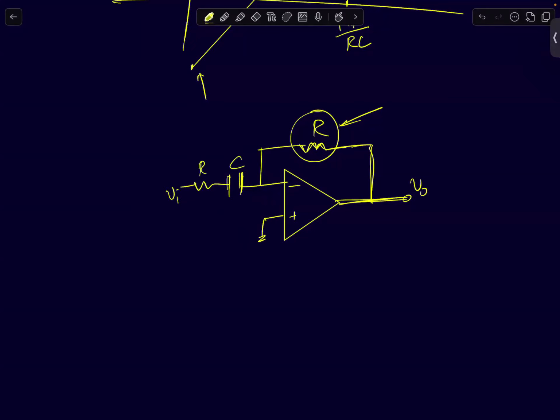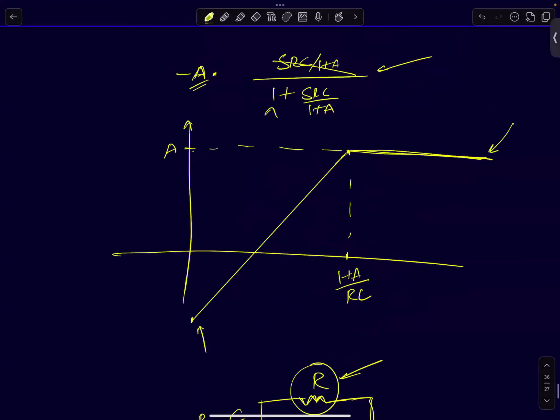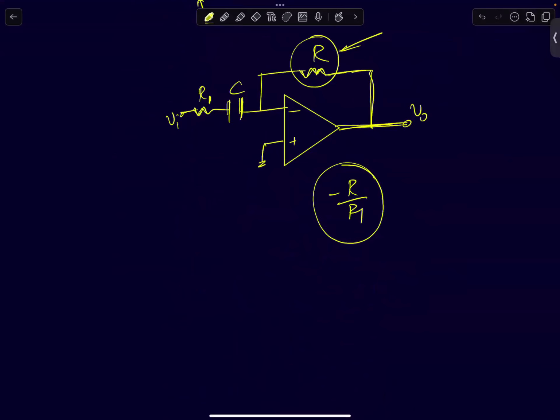So let's call R1 as a resistor in series. If I do that, what will be the very high frequency gain of the circuit? Very high frequency gain of the circuit will simply be minus of R by R1. That's it. So now I've limited the high frequency gain of the circuit, but I have modified a whole bunch of other things.